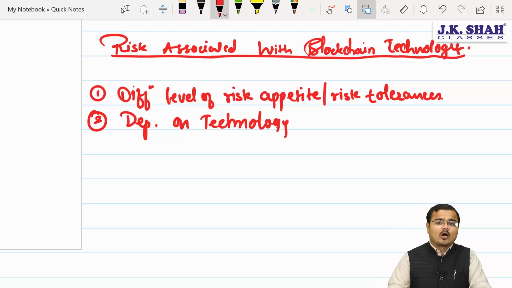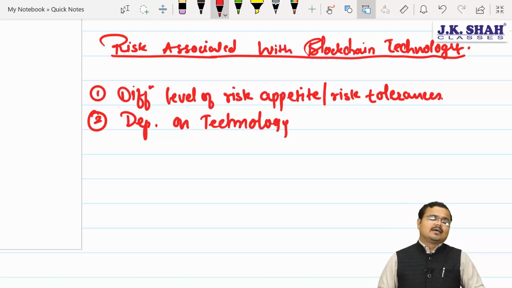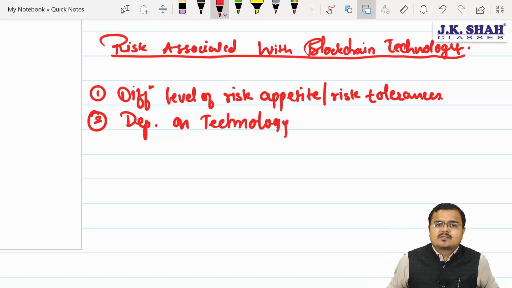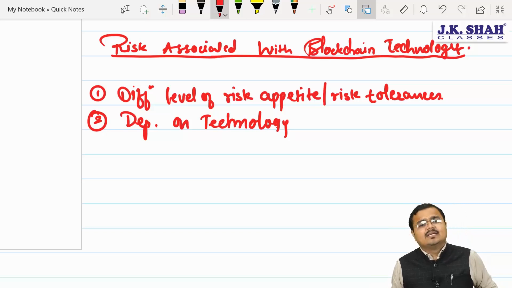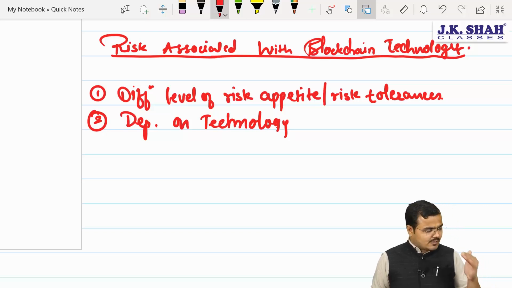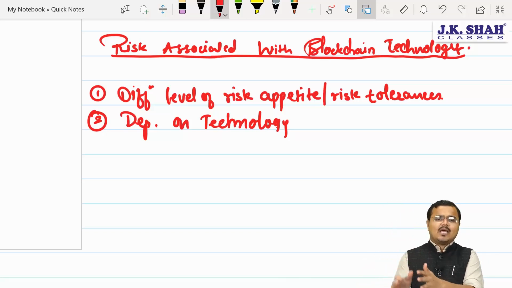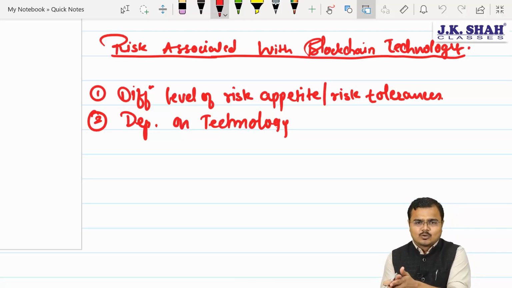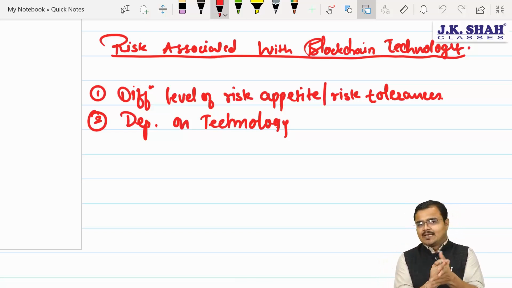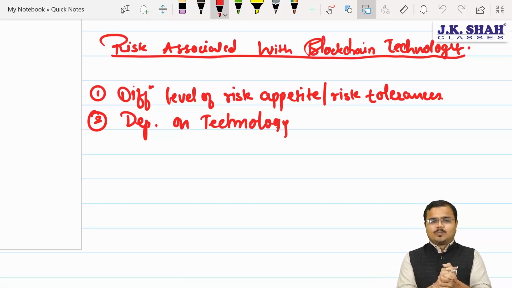And if this blockchain could be hacked, chartered, then there could be a tremendous risk even in this platform also, chartered. Agree? So first of all, chartered, there is a different level of risk appetite and risk tolerance of organizations based on which we decide the controls. So obviously that is making a very risky environment for this blockchain technology to be used.